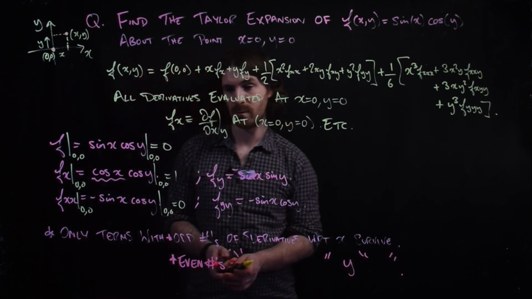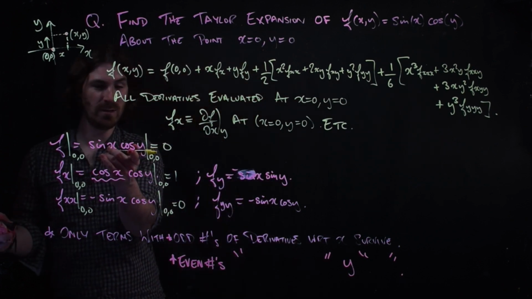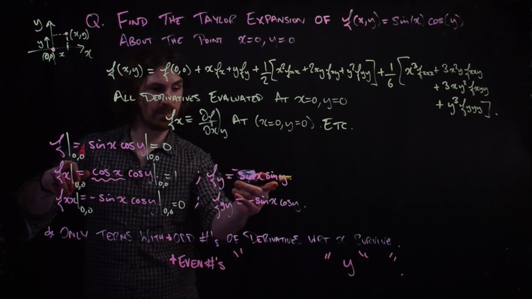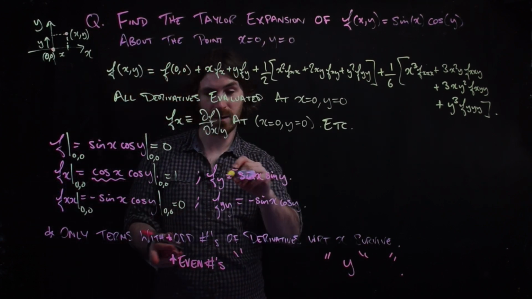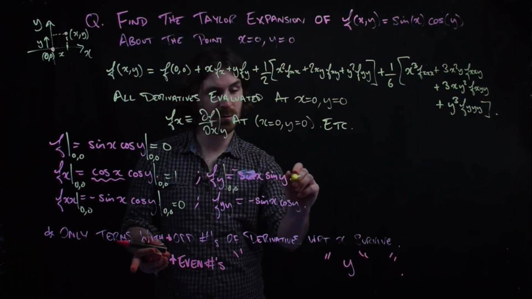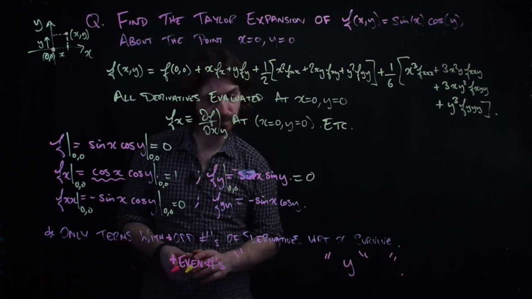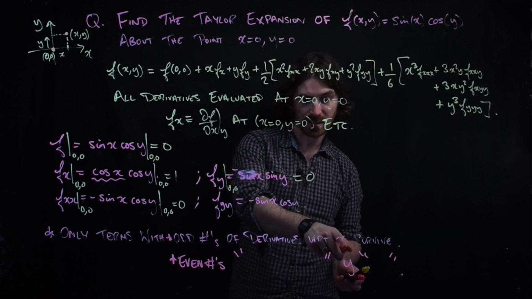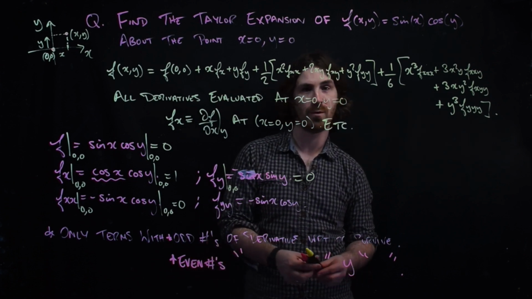Because in y we have cosine y, so the first derivative gives us sine y, which when we take at 0, 0 is 0. So we need both an odd number of x's appearing and an even number of y's appearing.